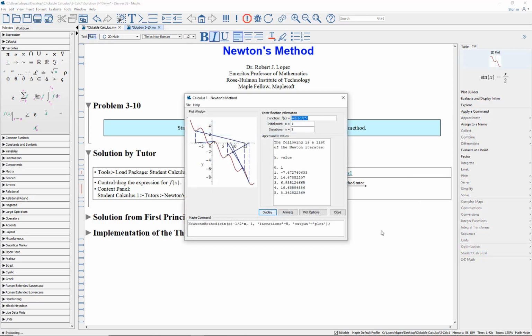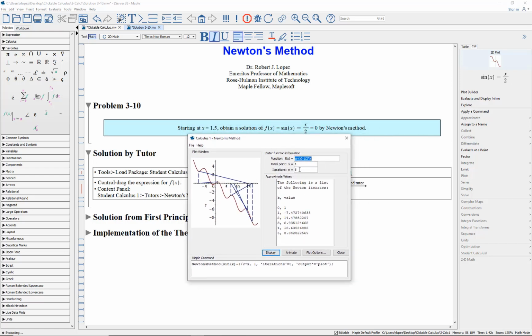Okay, so here we see a pop-up. The rule for the function is here. An initial point has been chosen. Our instructions here say start at 1.5.